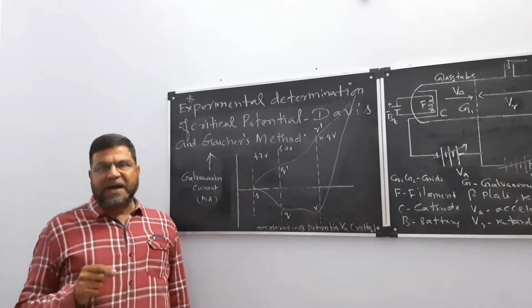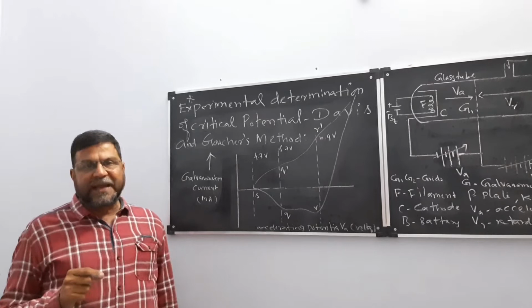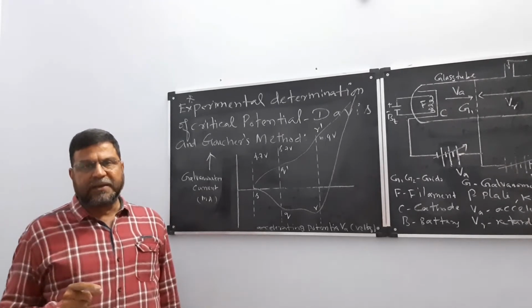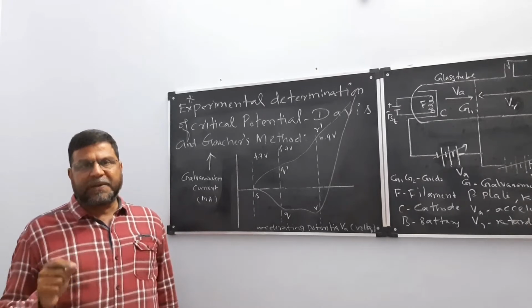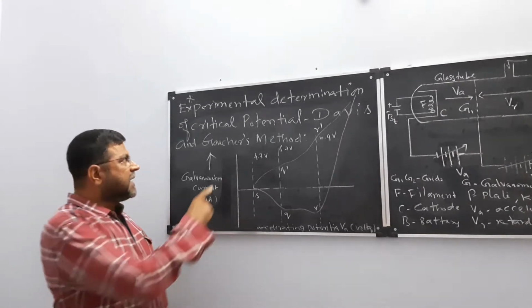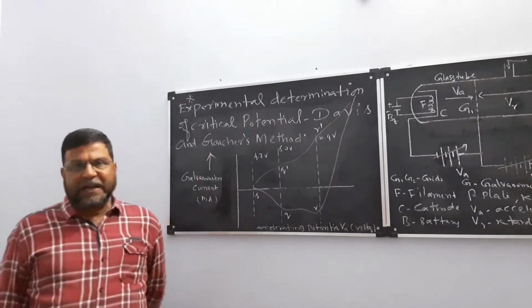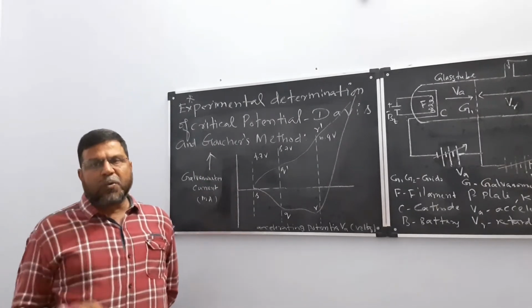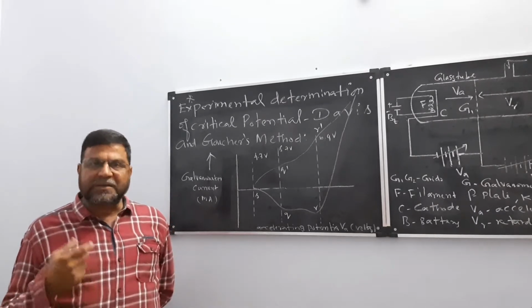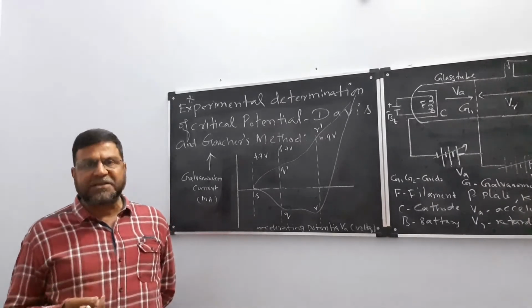Principle: this works on the principle of excitation potential. That's all it is, 1 mark you will get. Here critical potential is also written. Critical potential consists of 2 potentials: one is excitation potential and the other is ionization potential. Last class I told you about excitation and ionization potential.